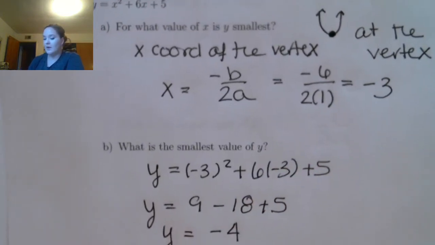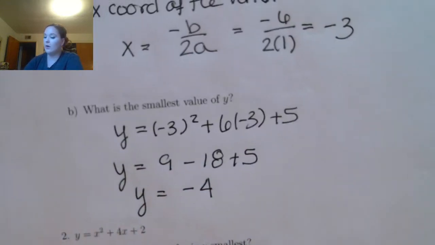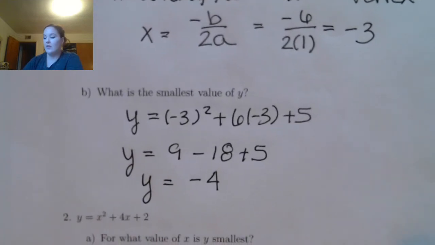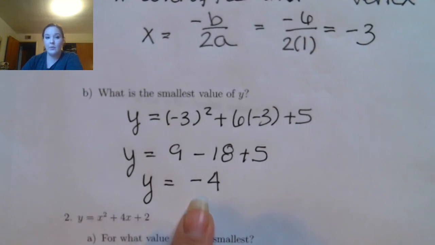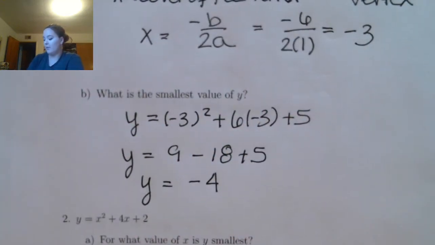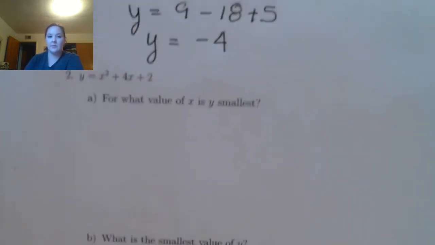Again, this is the vertex: negative 3, negative 4. But this is also telling us that the smallest value of y is going to be negative 4, and that's going to occur at x equals negative 3.